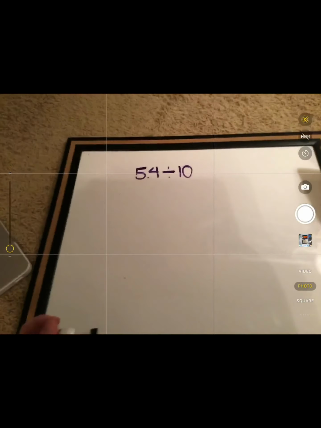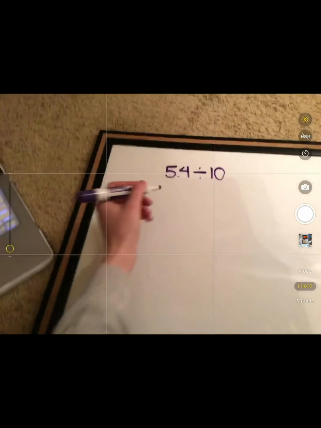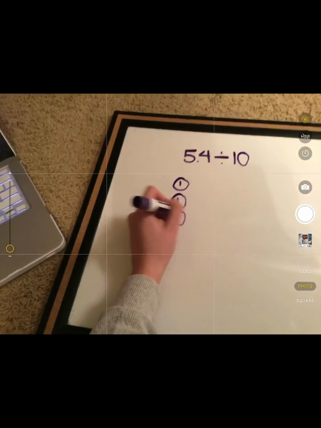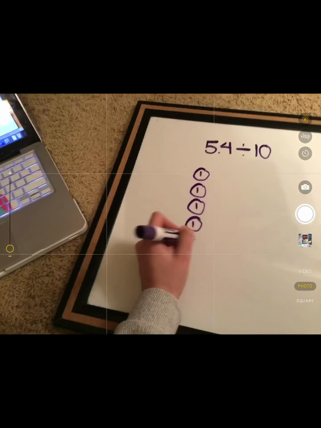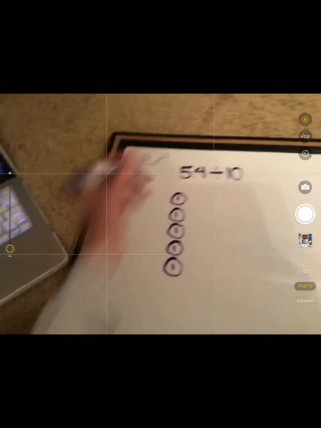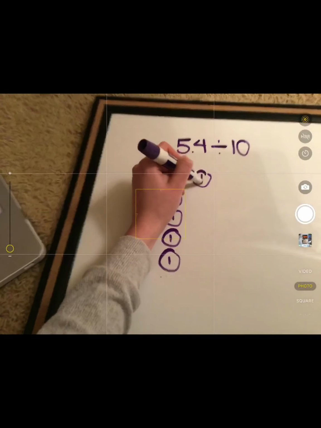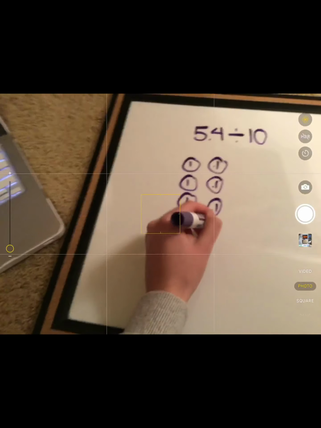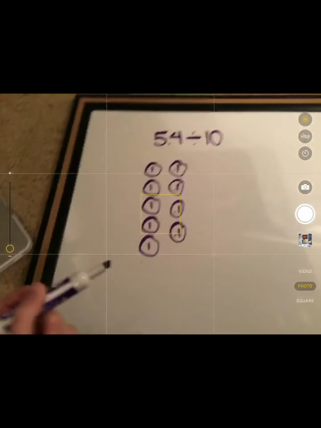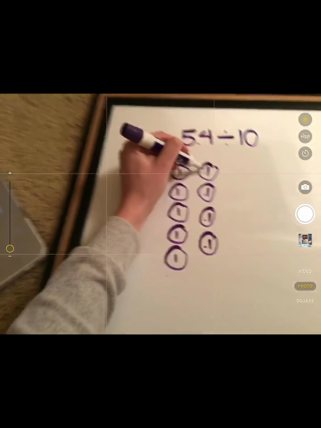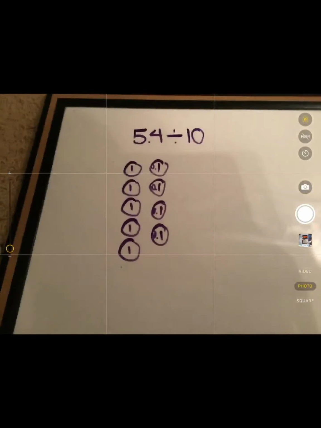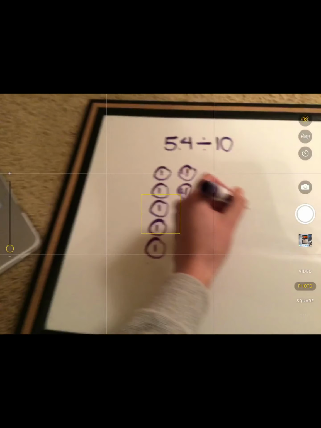So how I would write 5 4/10: 5 ones and 4 tenths. If you put the 0 in front of the decimal, that's fine too, but you don't have to.